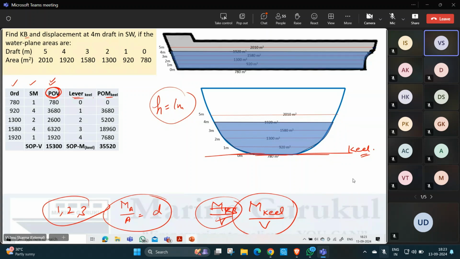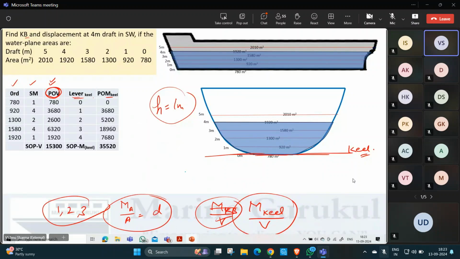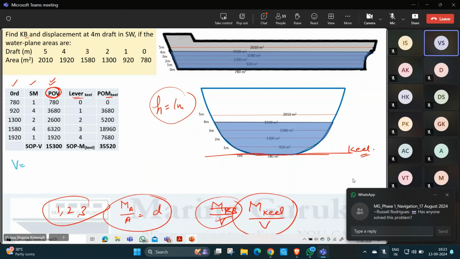And now we come to the final step of the calculation. Please calculate the volume. I know some of you have already calculated it. Okay, so the volume of buoyancy will be equal to, we have used rule 1 by 3, into SOP volume 15300.